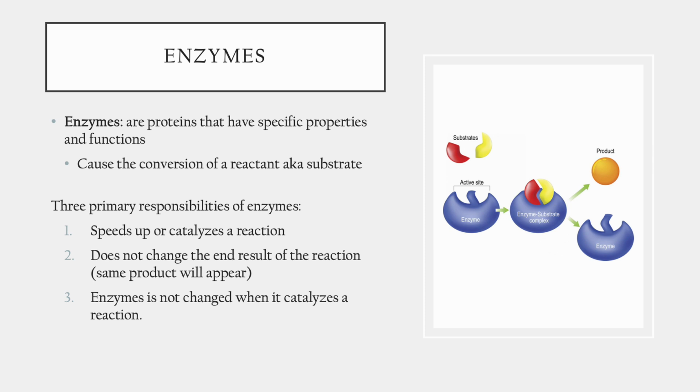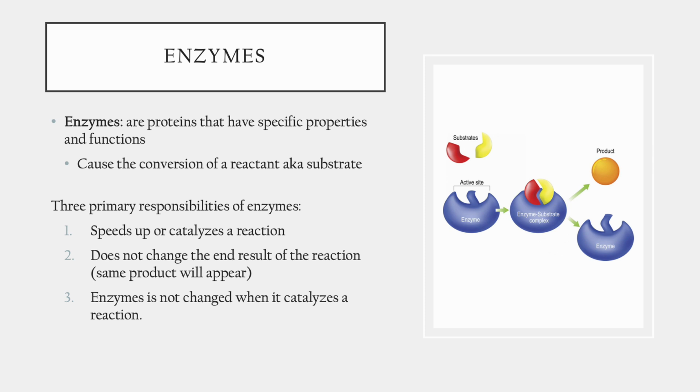They cause the conversion of a reactant, also known as a substrate. The production of ATP, through the aerobic and anaerobic energy systems, requires these enzymatic steps to take place. So let's talk about that a little bit.